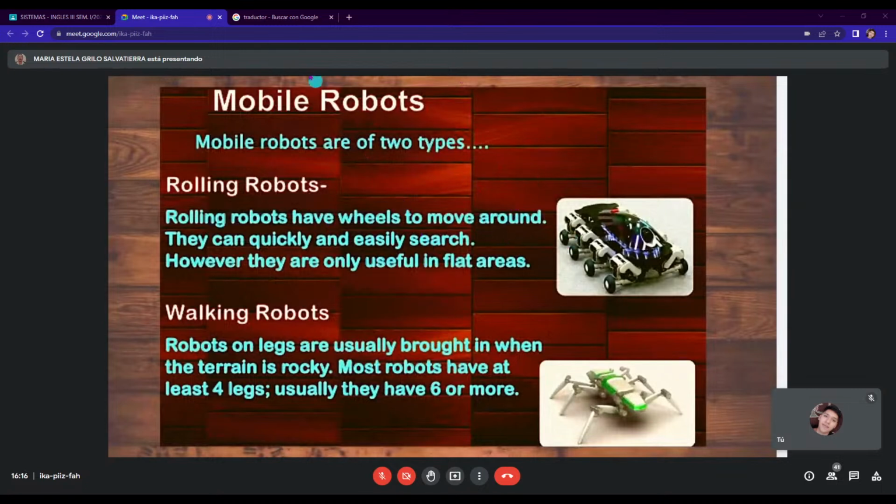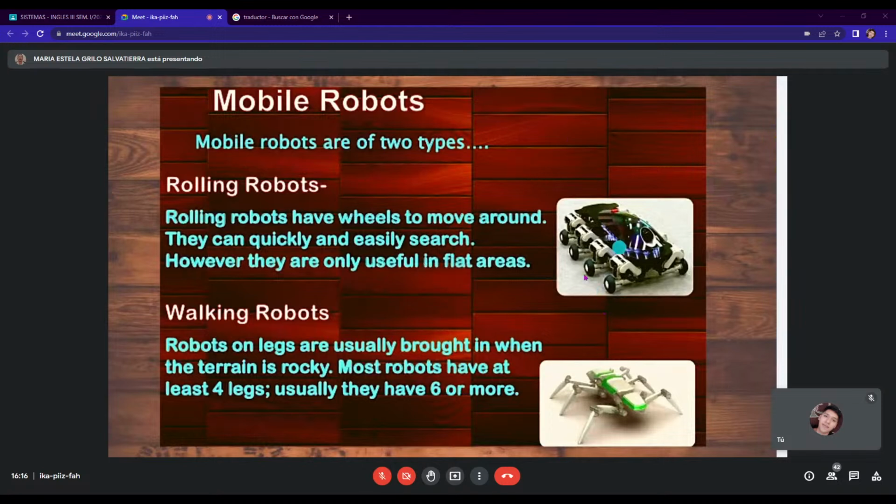How are the mobile robots? In our text, we have mentioned also about the mobile robots. What about them? What kind of robots are they? They are active, yes? And they are two types.